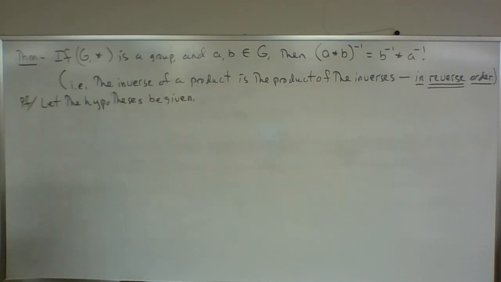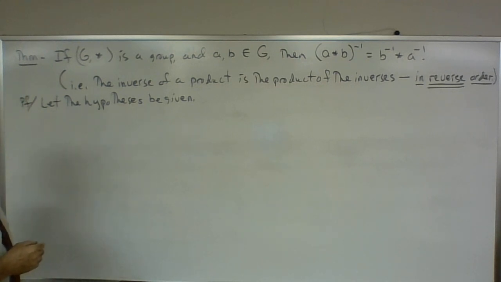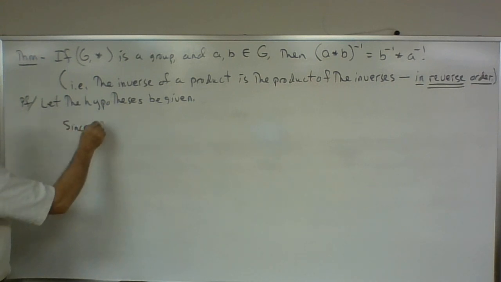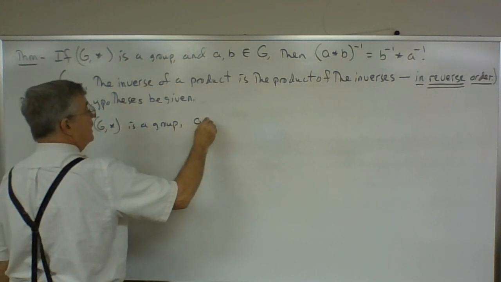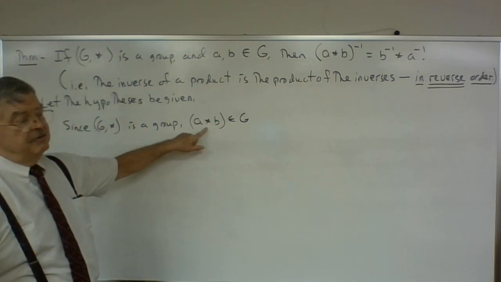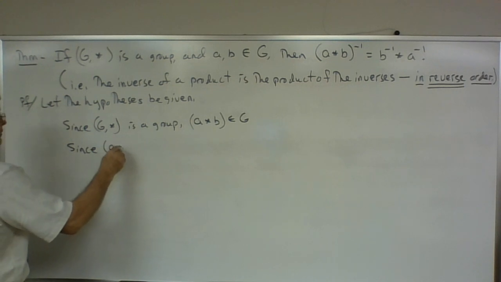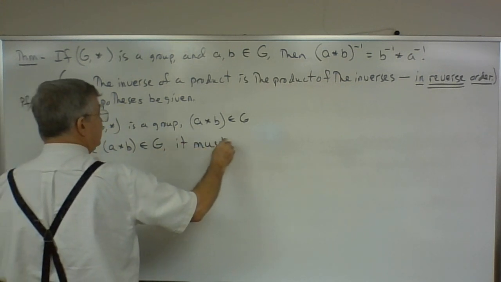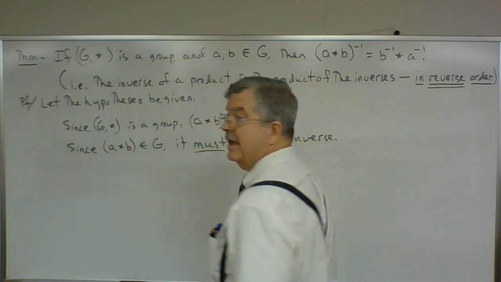So G is a group with binary operator star, and A and B are elements of G. So that also means that since G is a group, the product of A and B is a member of G. The operation is closed on G. And since this element A star B is an element of G, it must have an inverse. Every element in a group has an inverse.